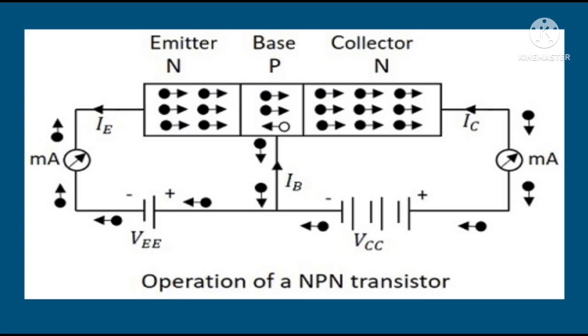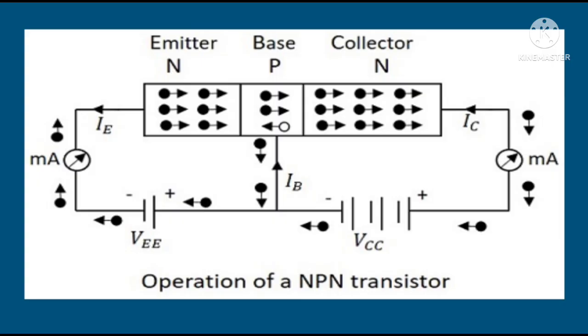About 5% of these electrons combine with the holes in the base region, and they form only a smaller amount of current, which we call the base current, and the remaining electrons, about 95%, enter the collector region because they are attracted towards the positive terminal of the battery VCC.